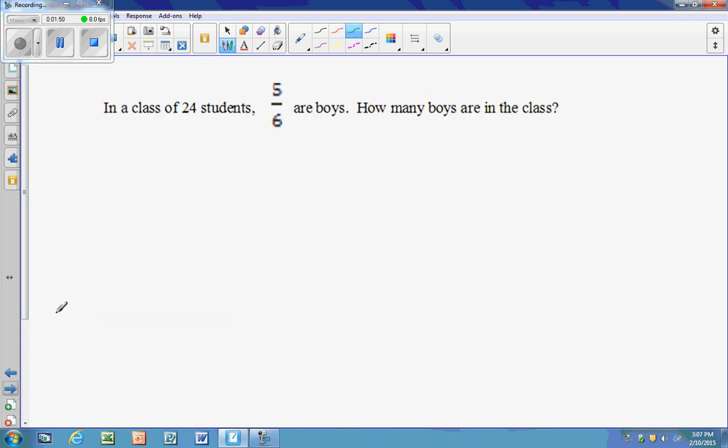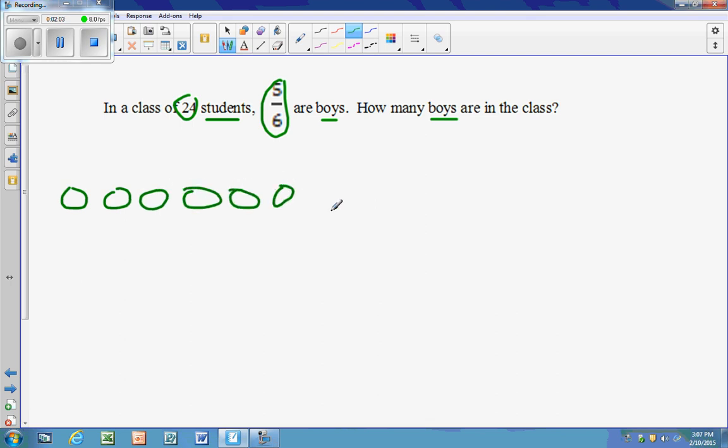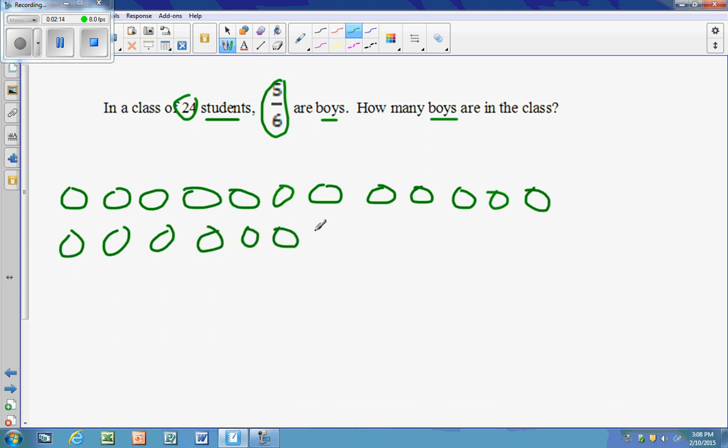So another example would be in a class of 24 students, 5/6 are boys. How many are boys? So I'm going to draw 24 students. There's my 24 students.